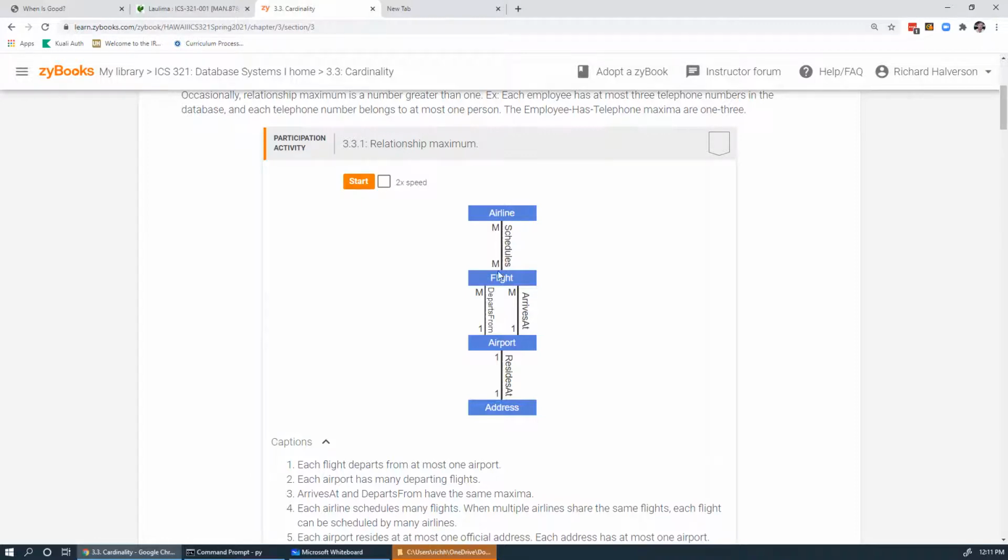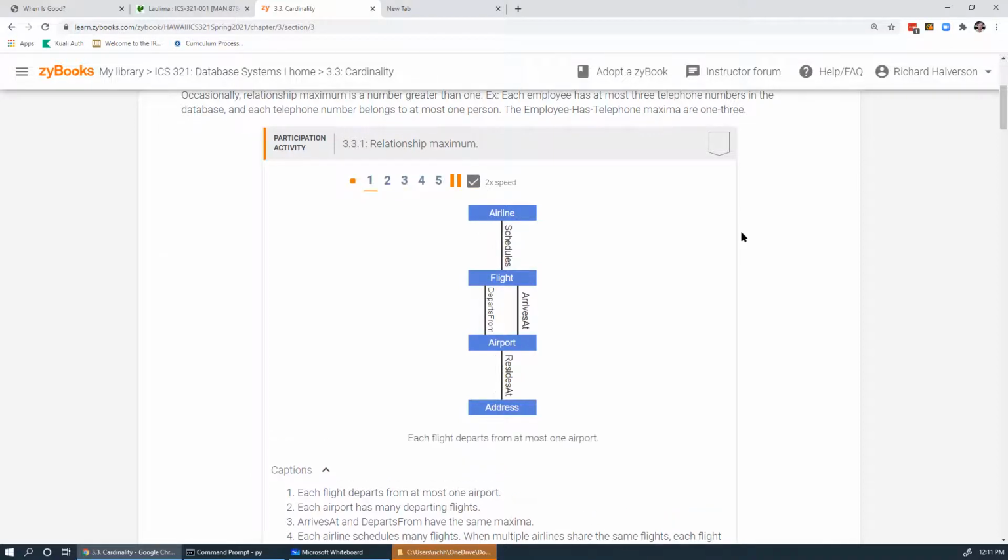An airline can schedule many flights. Let's see how this works. Each flight departs from at most 1 airport, so you put the 1 there.